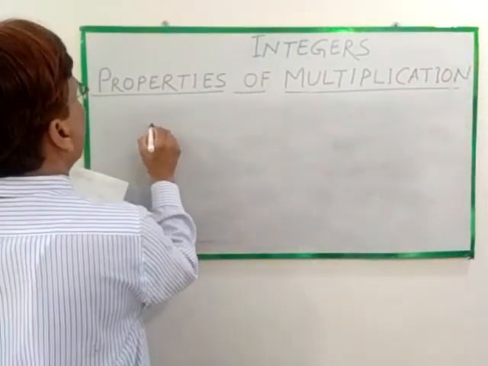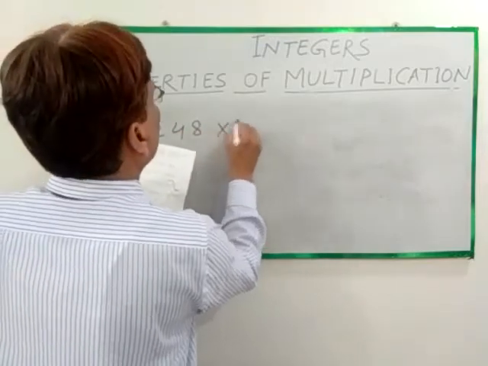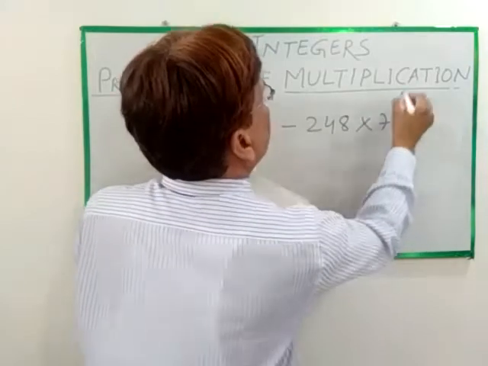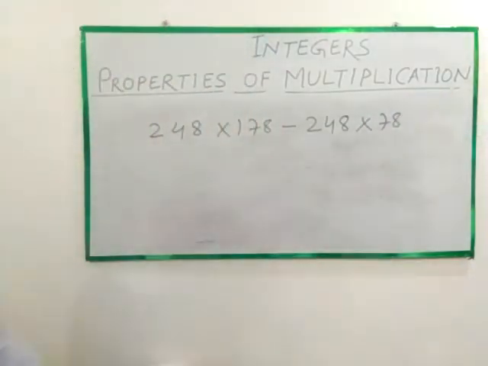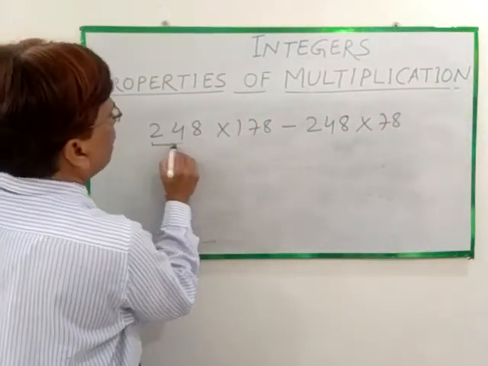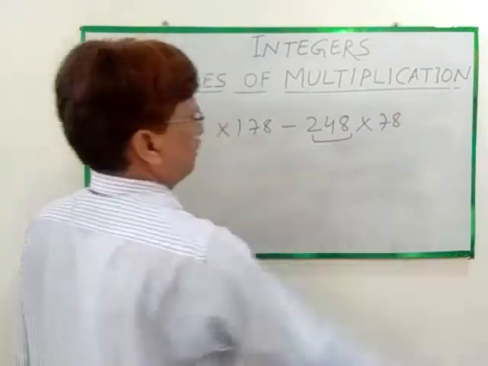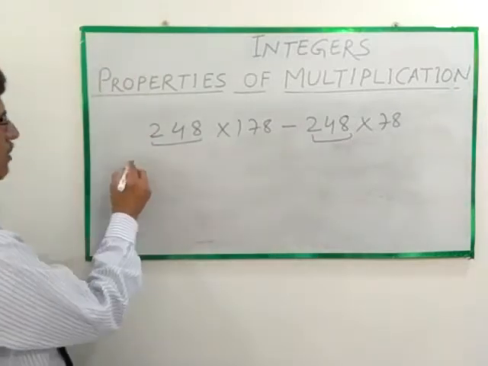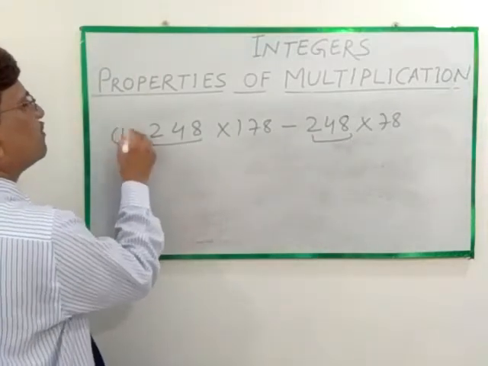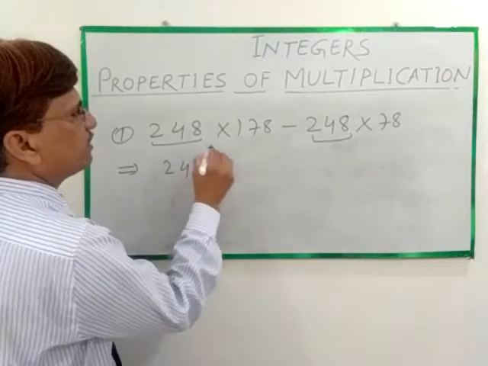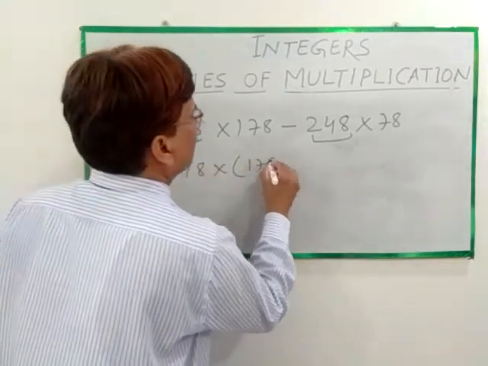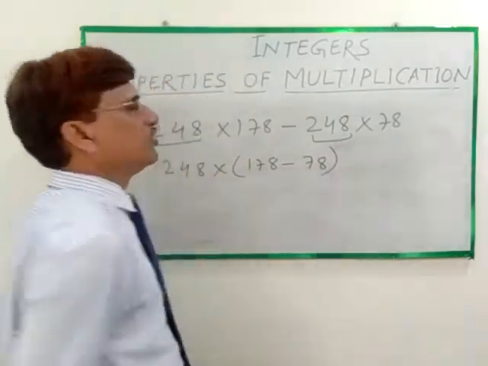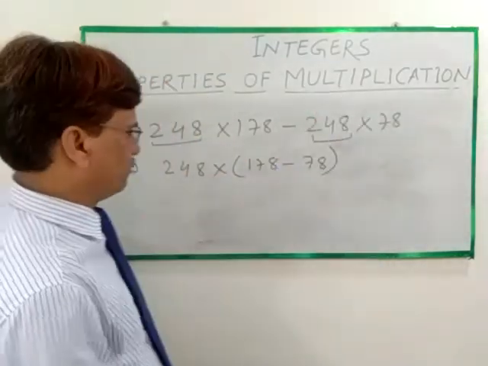248 into 178 minus 248 into 78. Students, 248 and 248 are common. So we take 248 as common, and here 178 minus 78 you have to write in a bracket.